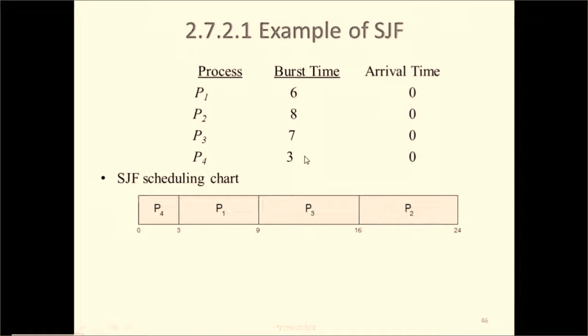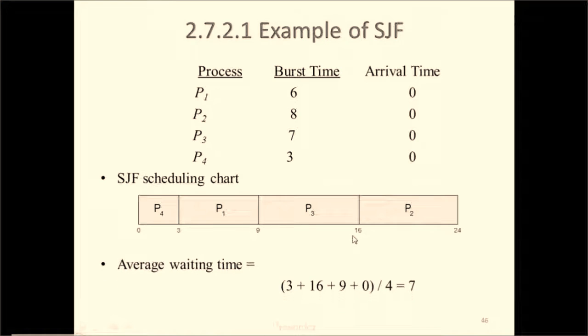This is the scheduling. P4 first, then P1, then P3 and then P2, right? So if we draw the Gantt chart, what it shows is that waiting time for P4 is 0, for P1 is 3, for P3 is 9, for P2 is 16.